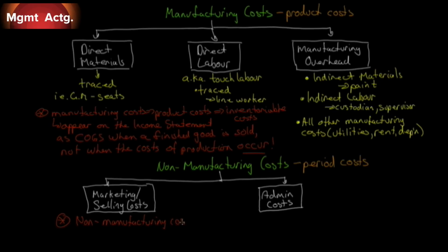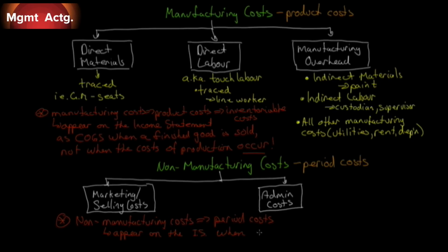The CEO's salary. So for January, February, March, for January we may have production costs with no sales. We wouldn't have any cost of goods sold, but would still have a period cost for the CEO's salary. So they appear on the income statement when they are incurred, as opposed to when they're actually sold.